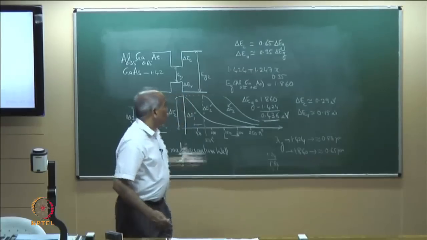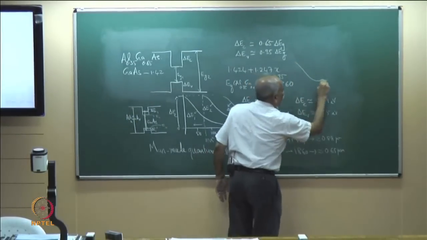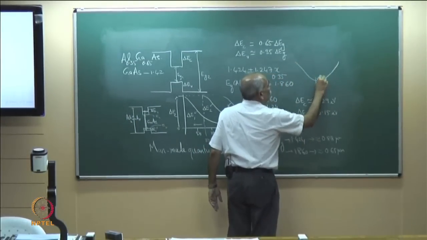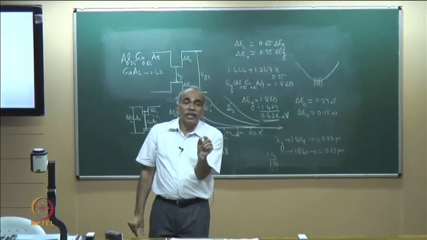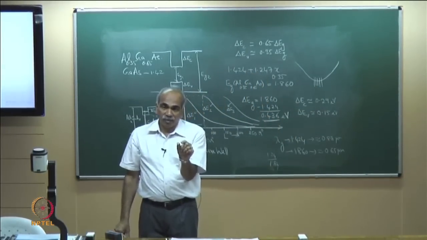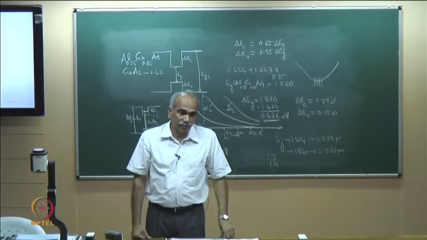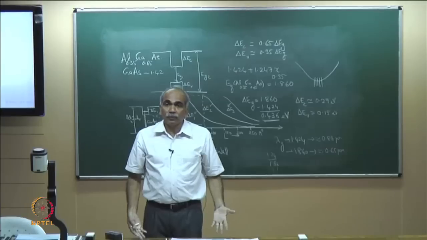But when I talked about the optical communication window, we need the wavelength to be varied by less than 1 nanometer, that is the variation we are talking of.